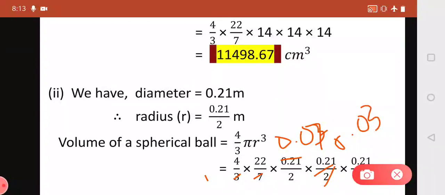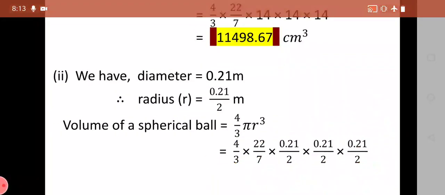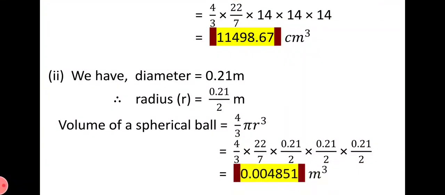Again 2, 2, that is 4, and the last 2 we will cut, and we can get 11. When we multiply all these remaining numbers, the product is 0.004851. Therefore, the volume of the spherical ball, that is the amount of water displaced by the spherical ball, is 0.004851 cubic meter.